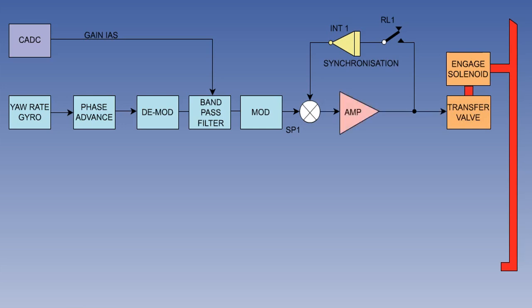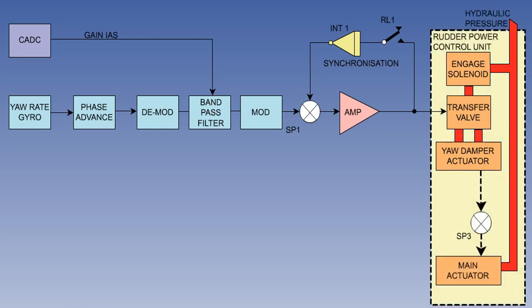The signal from summing point 1 is amplified and passed to the transfer valve, and this directs hydraulic fluid, which moves the yaw damper actuator. This mechanical movement is directed via mechanical summing point 3, which applies yaw damper input in addition to any rudder input to move the main rudder actuator, which moves the rudder.